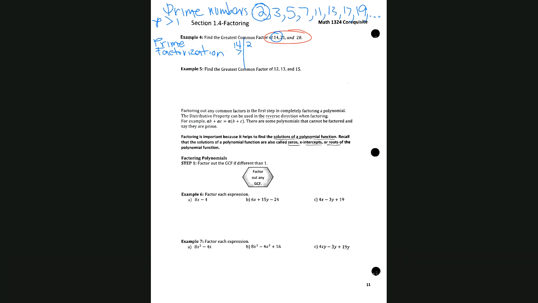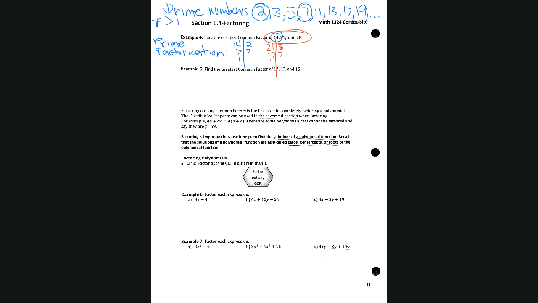Now 7 is a prime number, so it could only be divided by 7. So 7 divided by 7 is equal to 1. Now I'm going to move on to the next number, which is 21. And 21 could be divided by 3. That will give me 7. And 7 can only be divided by 7. And that will give me 1.